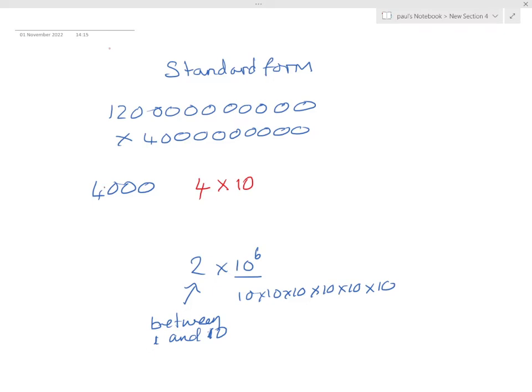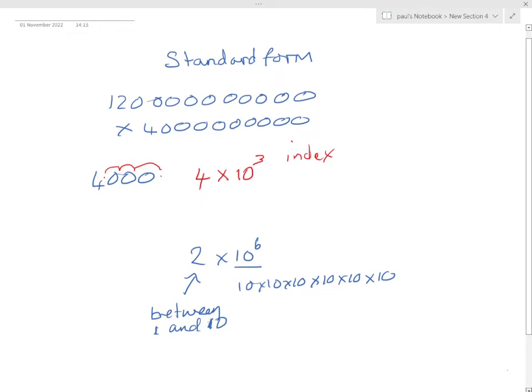So we'll put the decimal point there, and you loop across 1, 2, 3 times till you get to the end of the number, and that gives you your index. So this 4,000 becomes 4 times 10 to the 3.